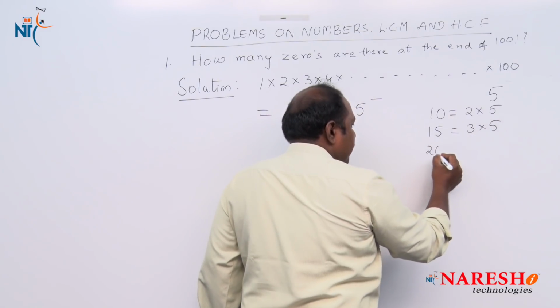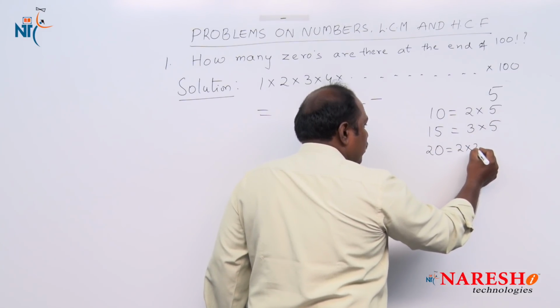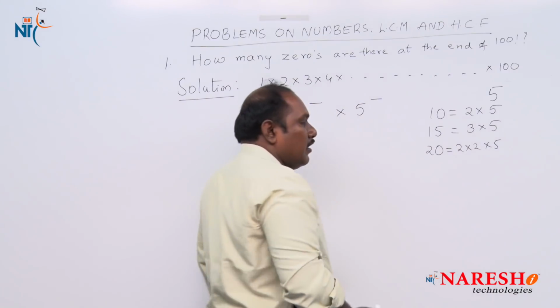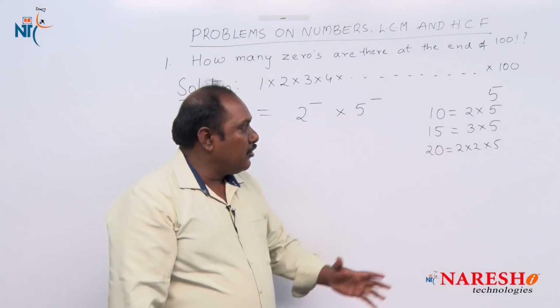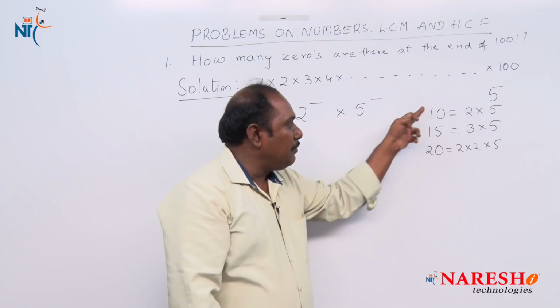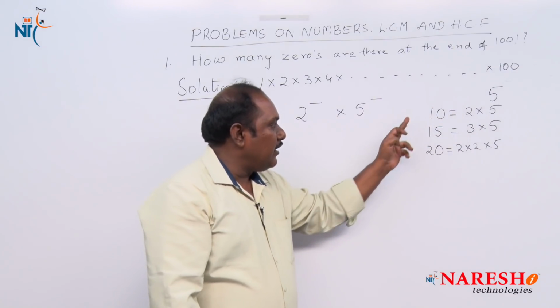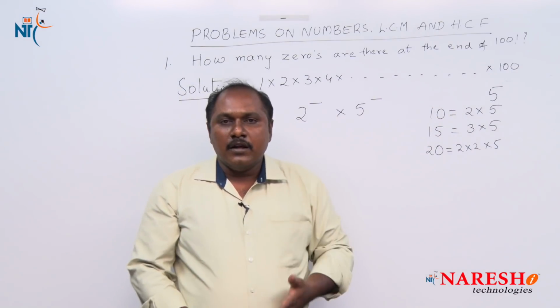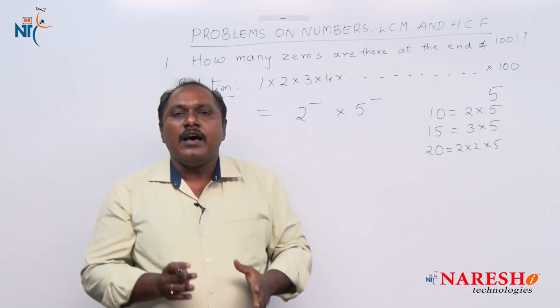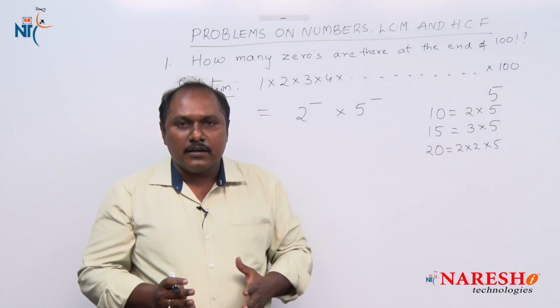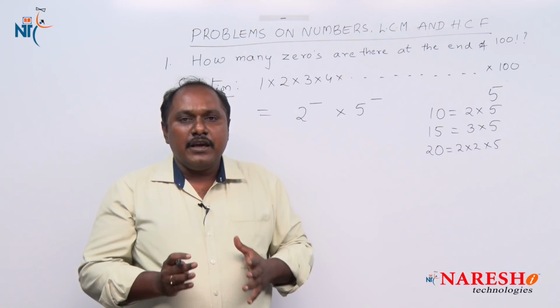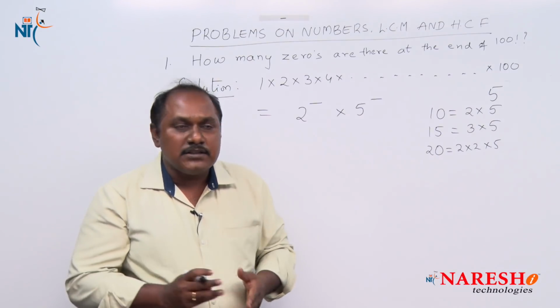You get a 5 from 20, which is 2 into 5, and so on. Now if you clearly see here, you get a 5 in every multiple of 5: 5, 10, 15, 20, and so on. So till 100, we have 20 multiples of 5. So definitely we find 20 5s there.